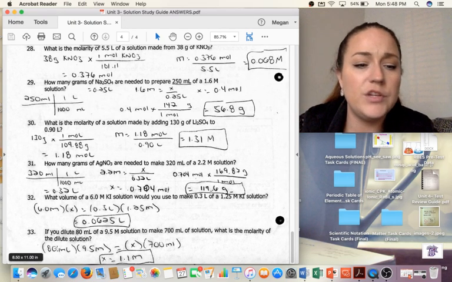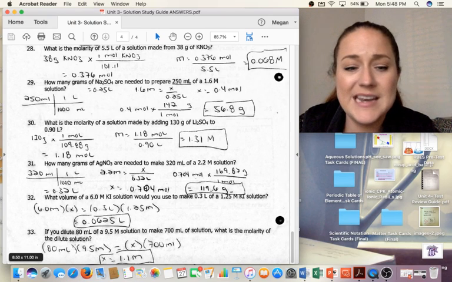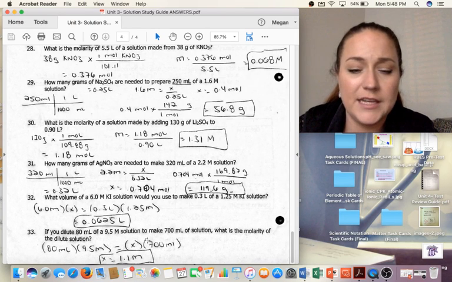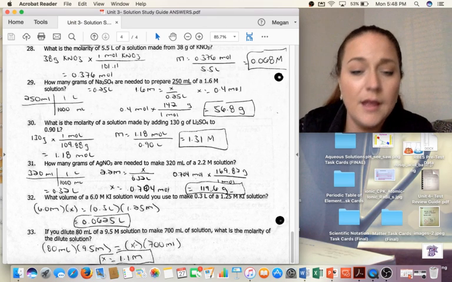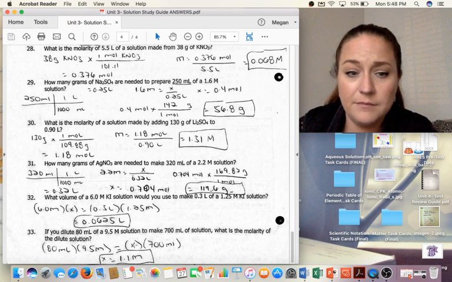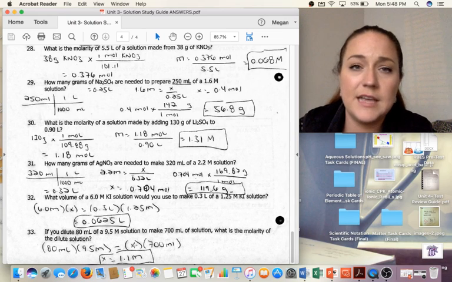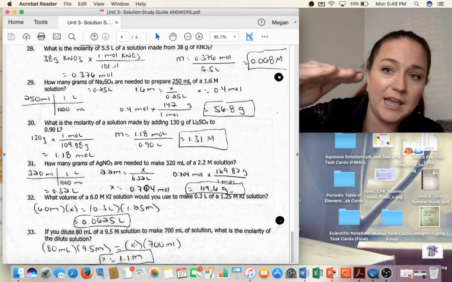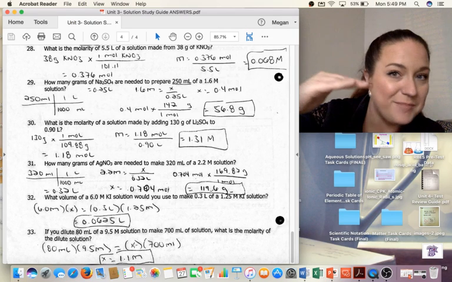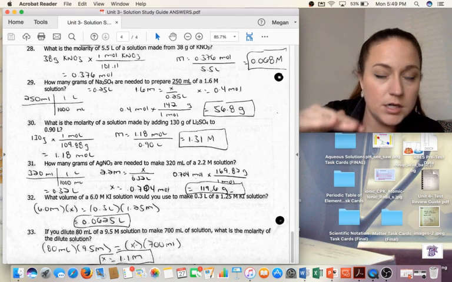So when you take 80 times 9.5 equaling the unknown M2 times 700, you get M2 as 1.1 molarity. Please notice that it has gone from a high concentration, a high molarity, downward.